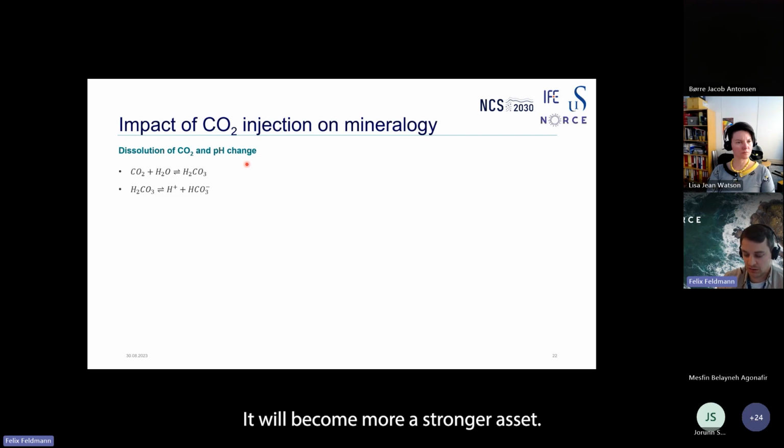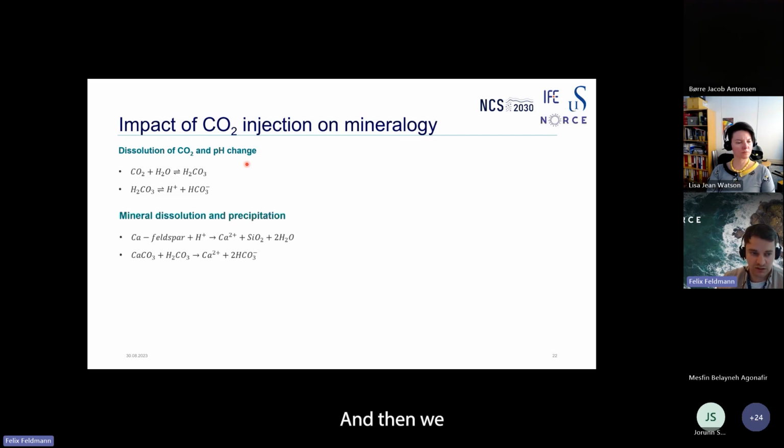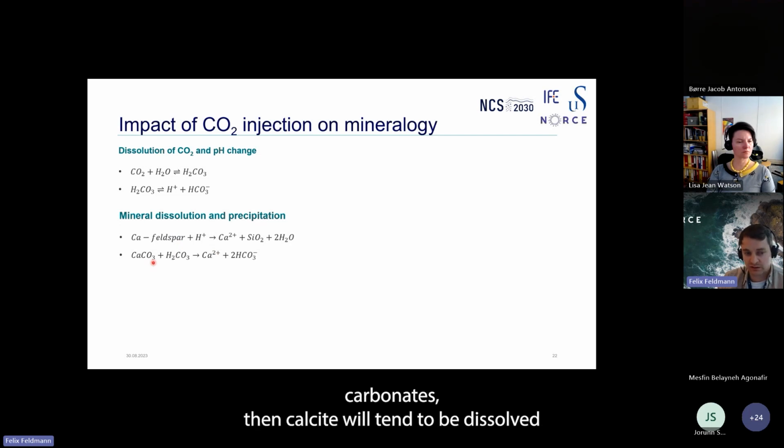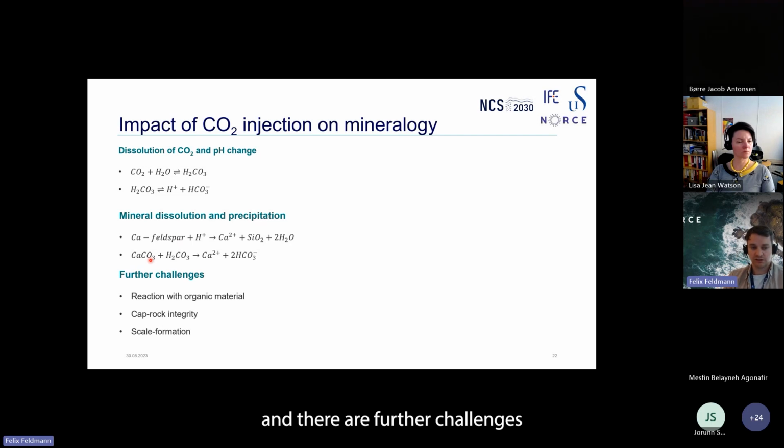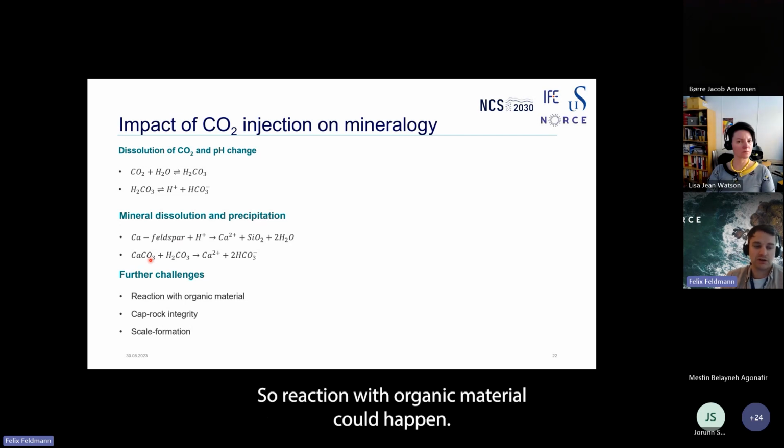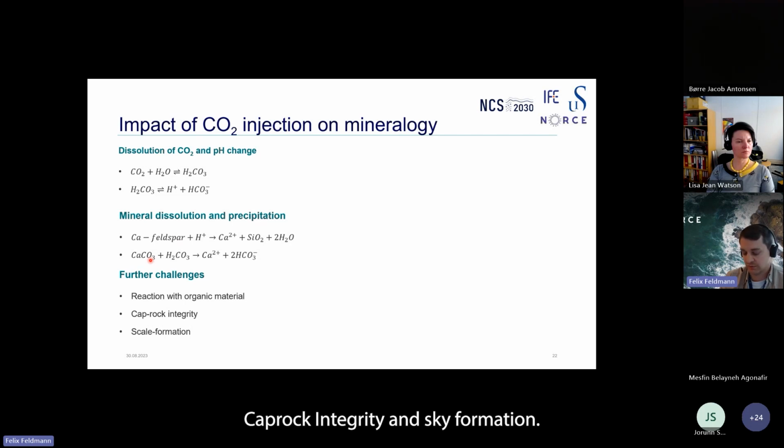It will become a stronger acid. And then we will have mineral dissolution. For instance, feldspar might be dissolved. Or if we talk about carbonates, then calcite will tend to be dissolved by the lower pH value. And there are further challenges attributed to CO2 injection: reaction with organic material, caprock integrity, and scale formation.